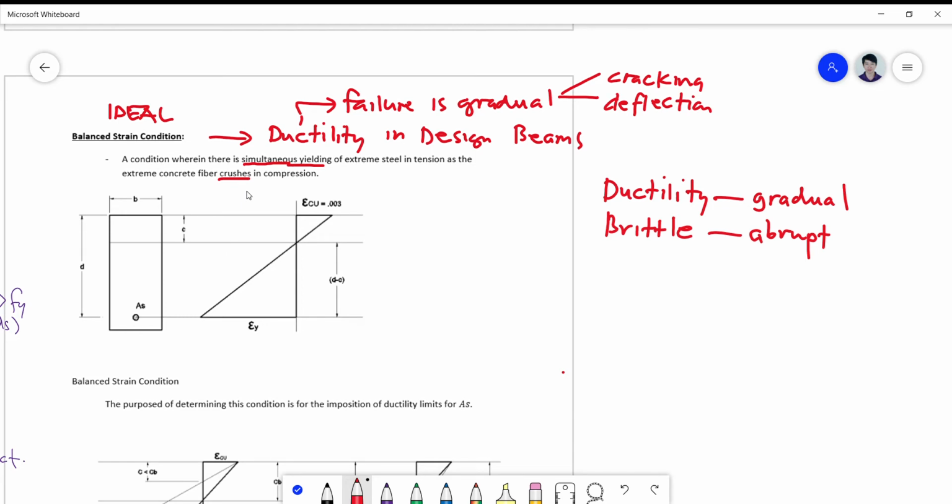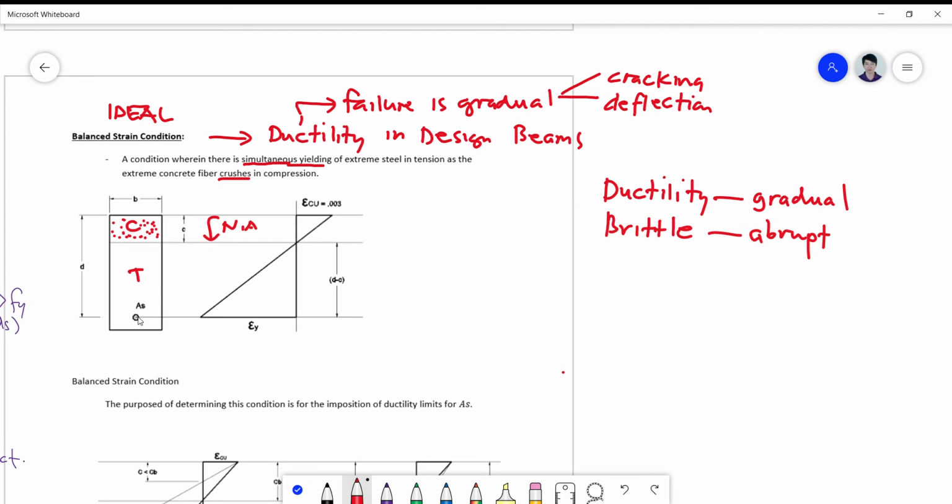If I have a beam here, this is the compression side, and this is the tension side, and this is the neutral axis. The fibers here are crushing in compression, while the fibers here are subjected to cracking in tension.